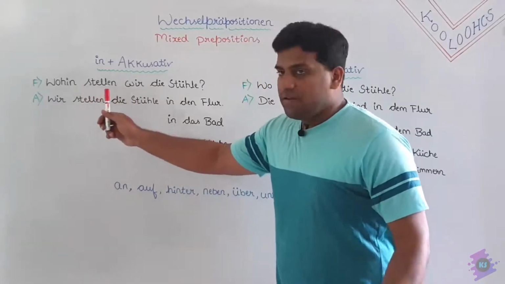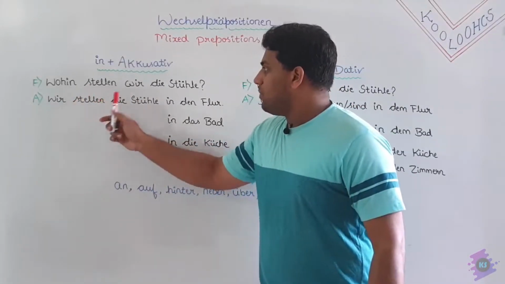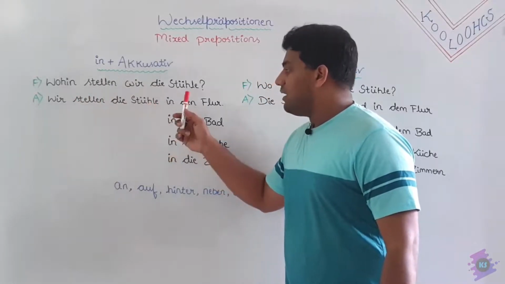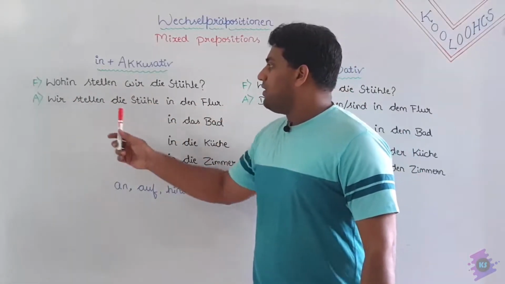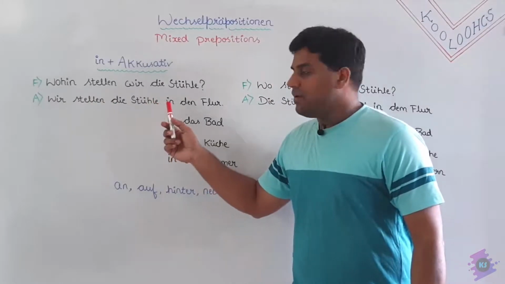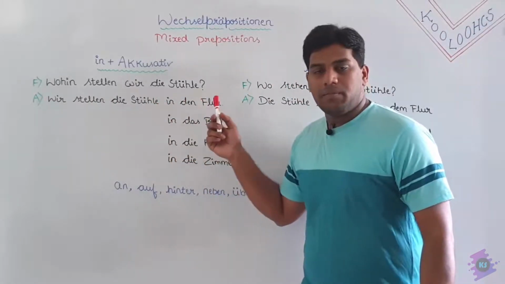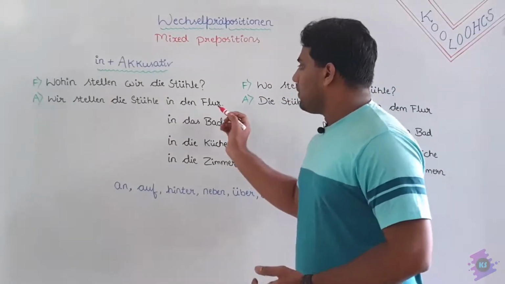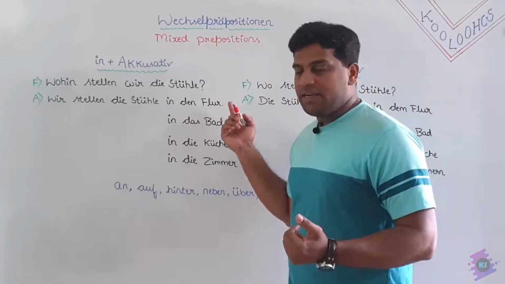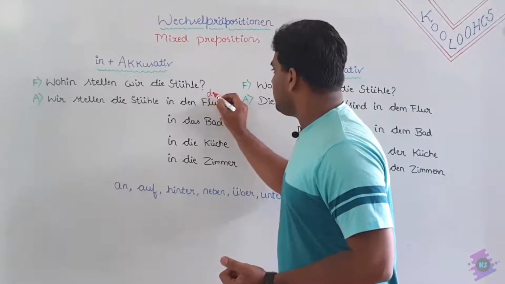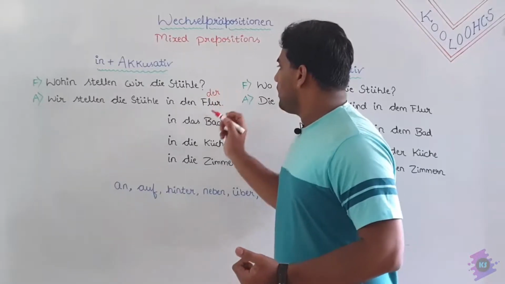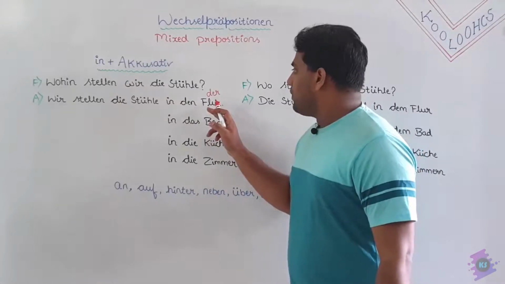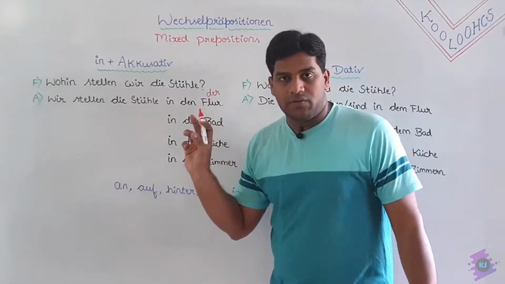The answer can be like this: wir stellen, because the subject is wir. So wir stellen die Stühle in den Flur. That means we place the chairs in the passage or hallway, in the hallway. The word Flur has the article der in fact. And as you know from my accusative session, der Flur changes to den Flur in accusative case, right?